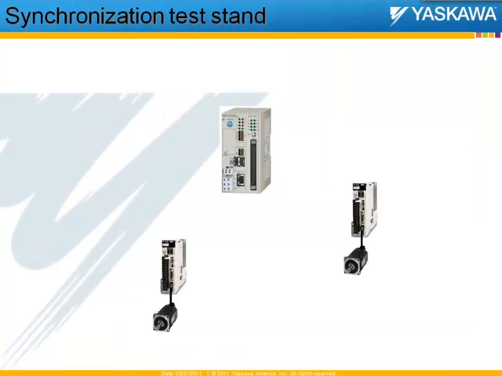In order to test the delay, the test setup I used to generate the data, which we'll talk about, was a controller with 2 servos on the Mechatronic network, and I commanded a move to axis 1.